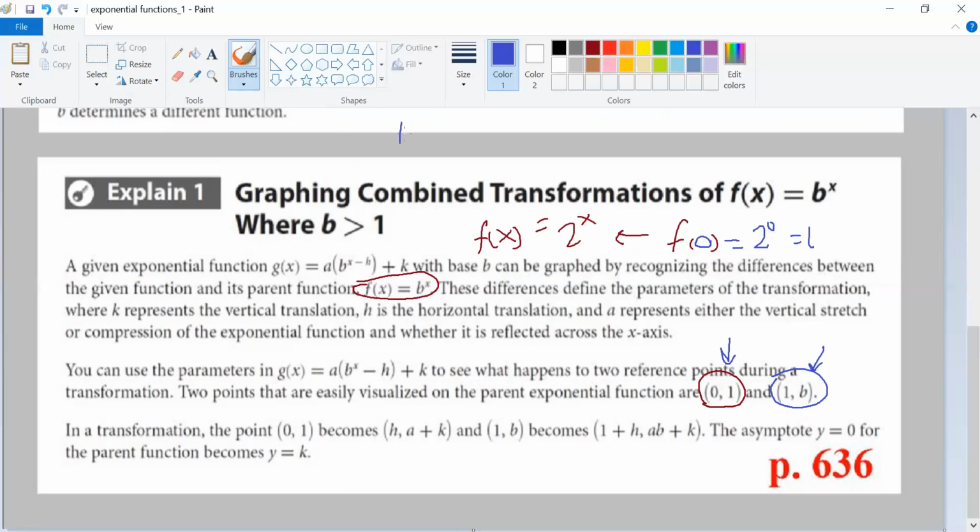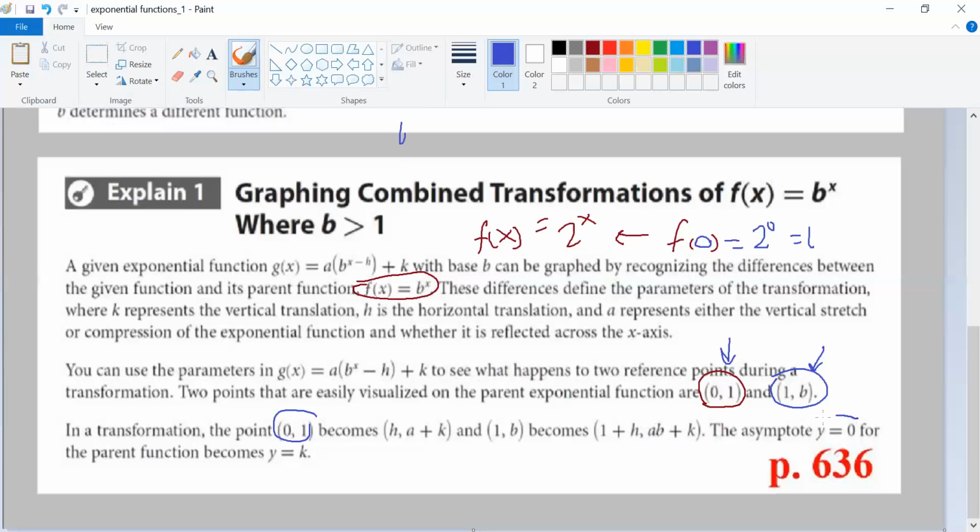So our h value is the shift left and right. Our a value is the compression or stretch. The k value is the shift up and down. That's where the first point becomes 0 plus the shift left and right, the stretch or compression times 1, plus the shift up and down. And 1, b becomes 1 plus the shift left and right, the stretch or compression times the value of the base plus the shift up and down.